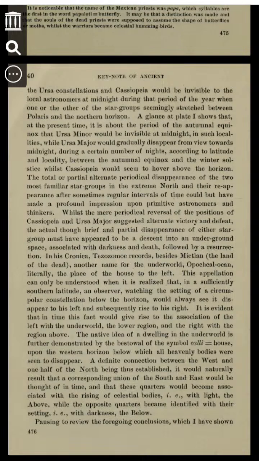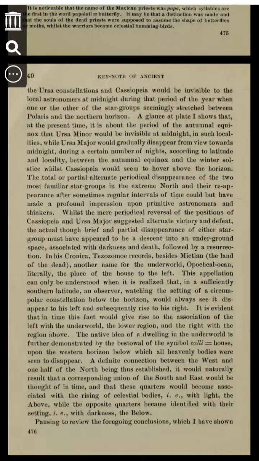So that's the way they kind of seen it, even when you go to the ancient Mexicans with Ursa Major or Ursa Minor or Huitzilopochtli and Tezcatlipoca, right? It's the same kind of concept, right?